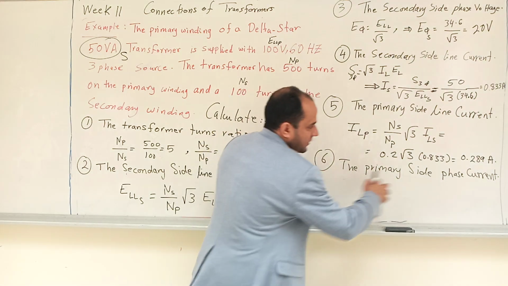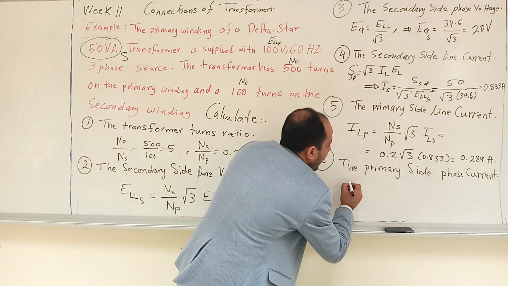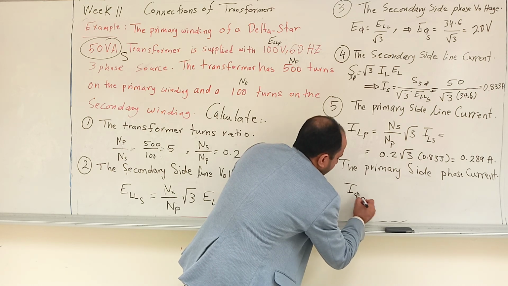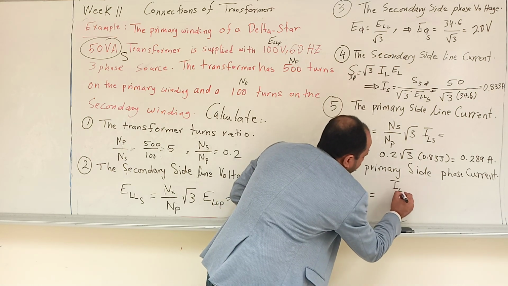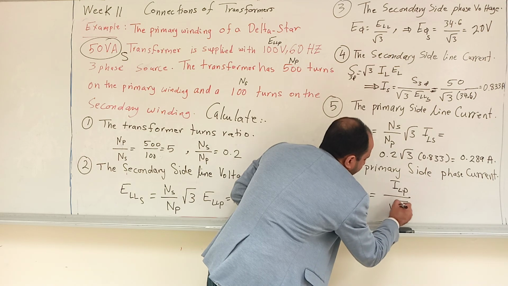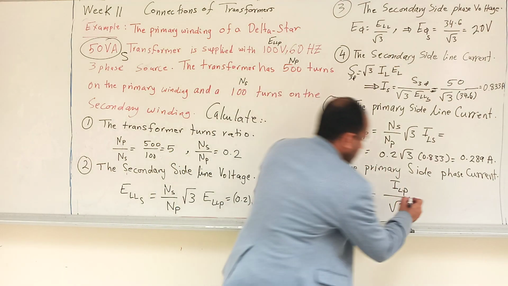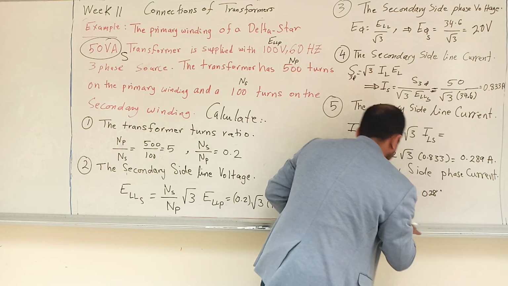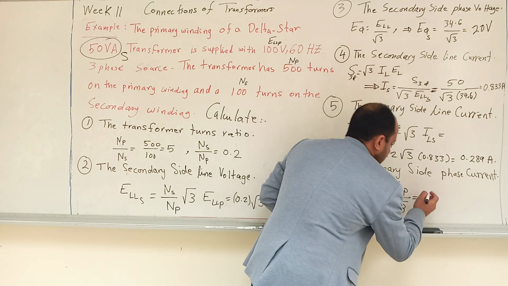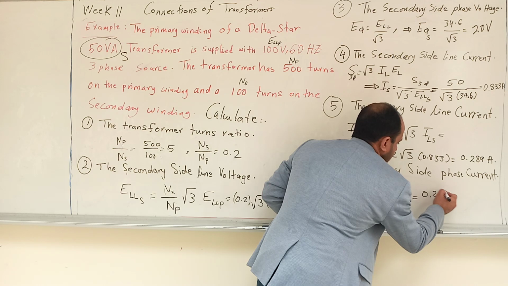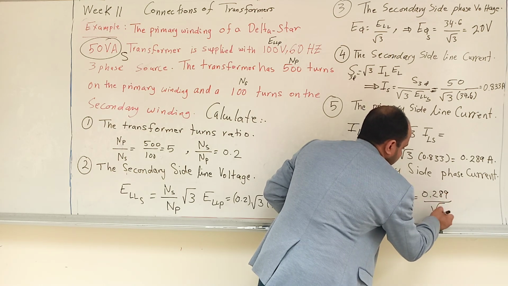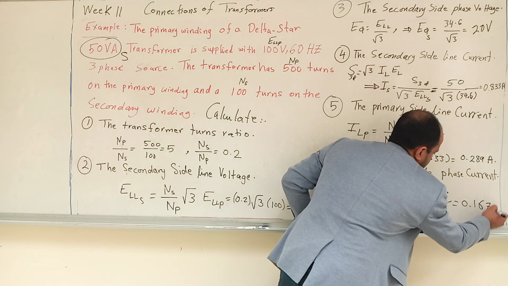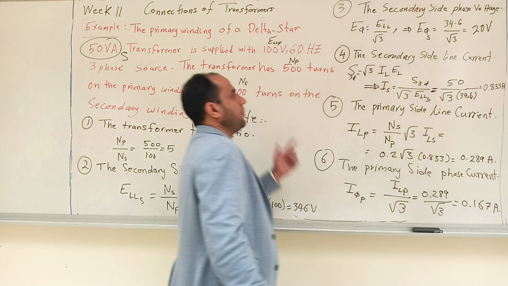So we're looking here for the phase current. We know that I phase in the primary is equal to I line in the primary divided by root of 3. So this is 0.289 over root of 3. This is going to be 0.166, let's say 167 ampere.